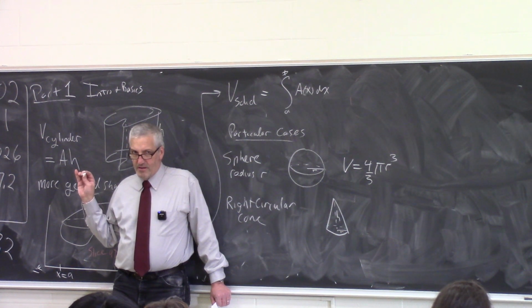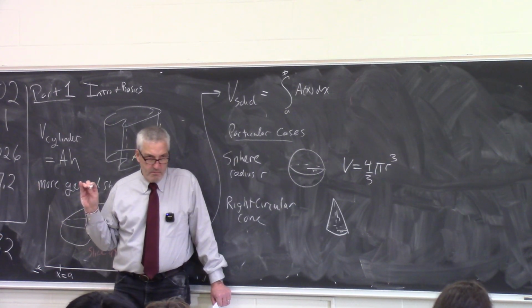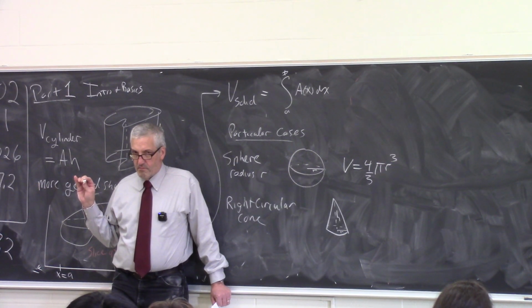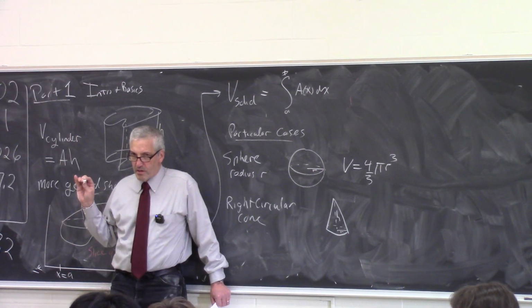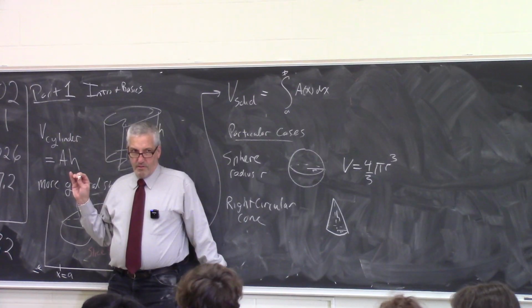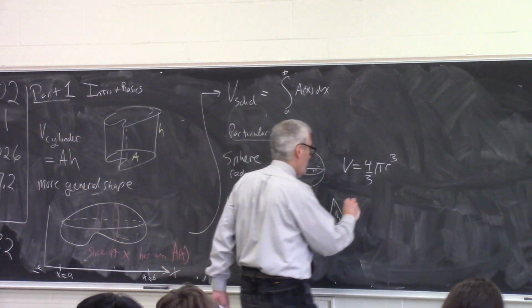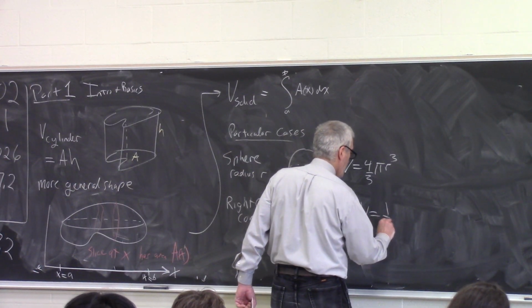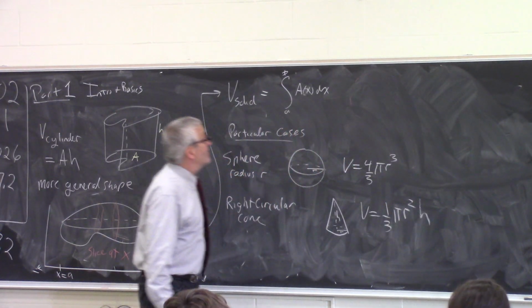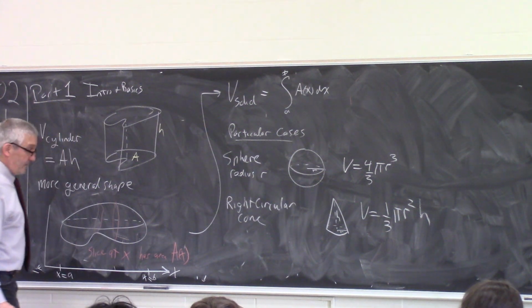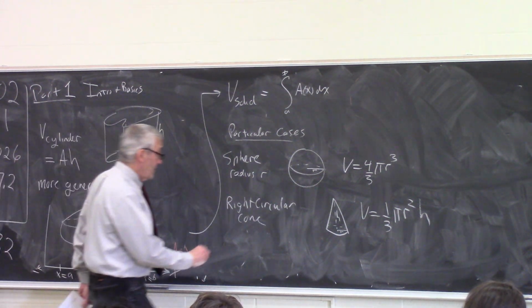Annika? Annika said 1/3 pi r squared times h. So it's not the cylinder. The cylinder would be the area of the base times the height. It's 1/3 of that. What about a pyramid?